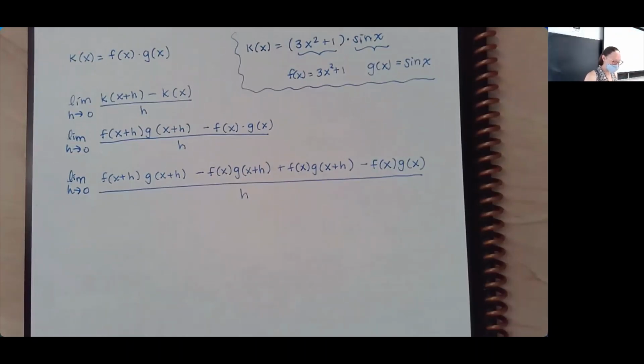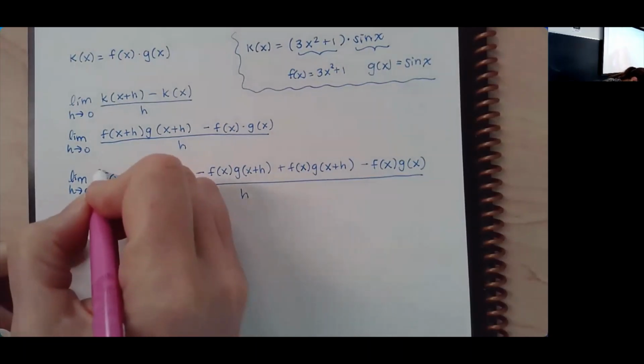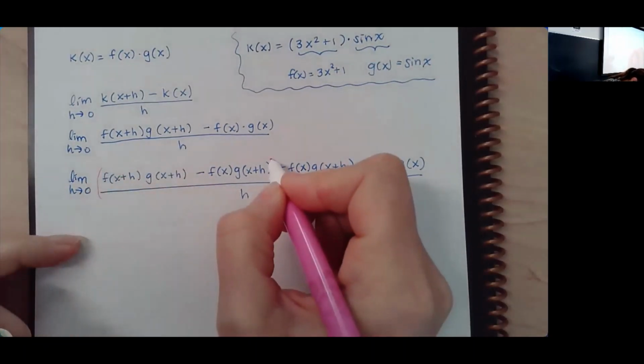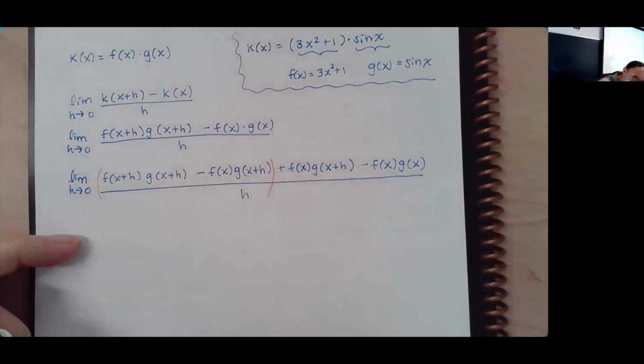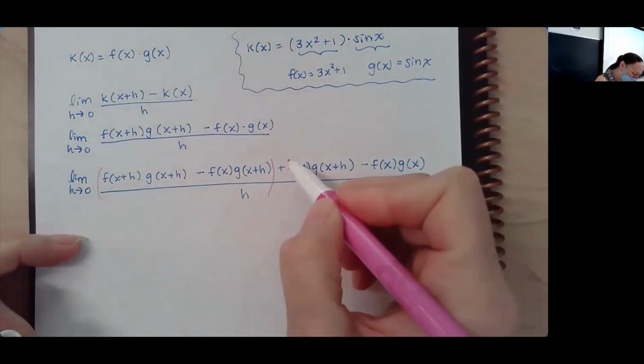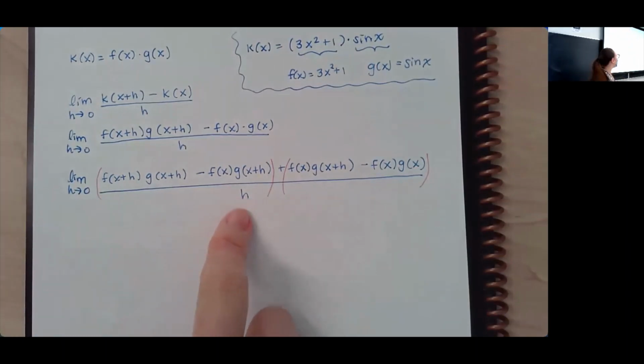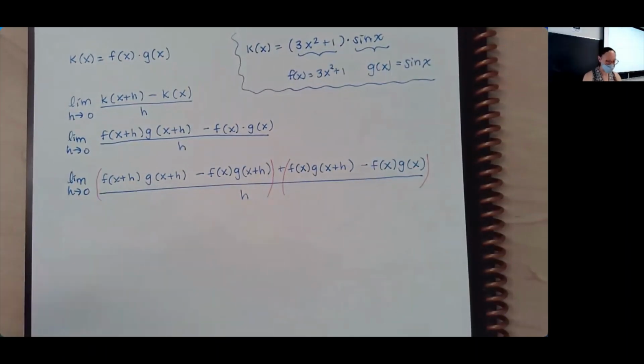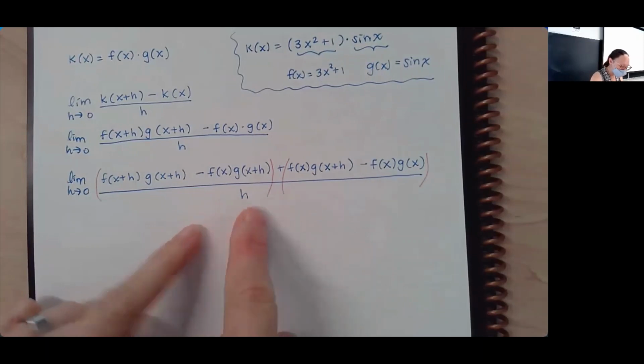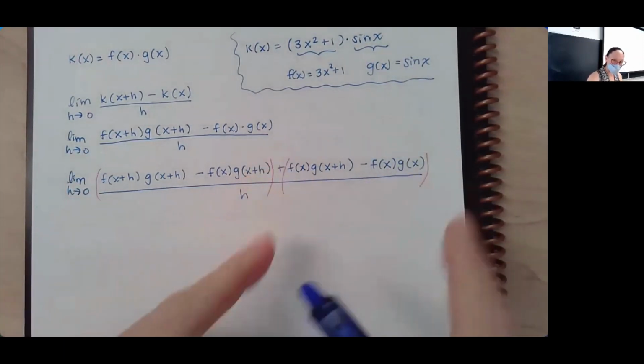And really, what this mathematician did is he looked at this and said, I'm just going to regroup this into 2 separate pieces. And that grouping is going to look like this part, and then this other part. But because that h is the denominator for the entire thing, the h is the denominator for this part and also for this part.